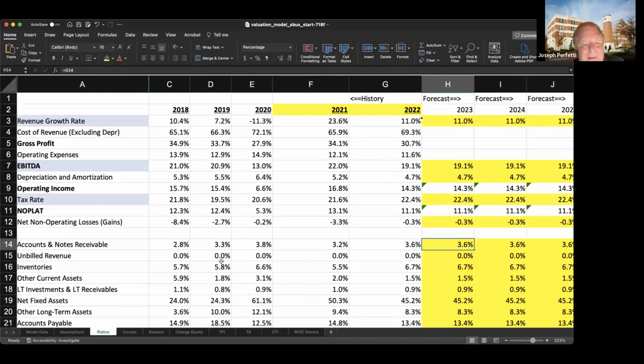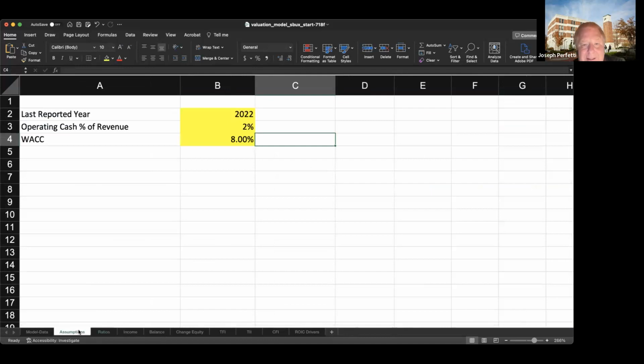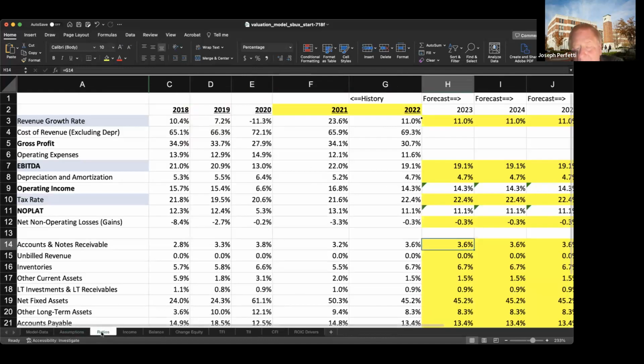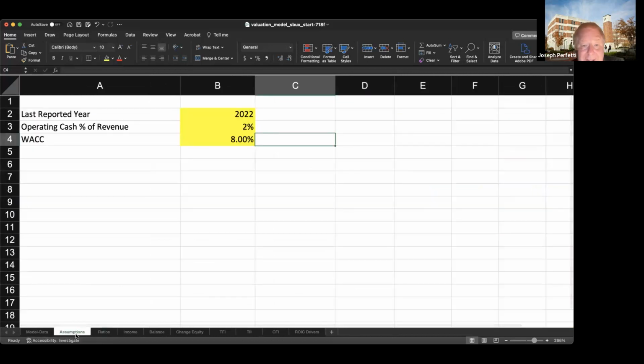They change year by year. Operating cash doesn't change year by year. You will always need 2%. So assumptions are things that are universal across all the years. Ratios are things that can change year by year. And since the operating cash doesn't usually change year by year, I put it here on the assumptions tab. That's why it's there.